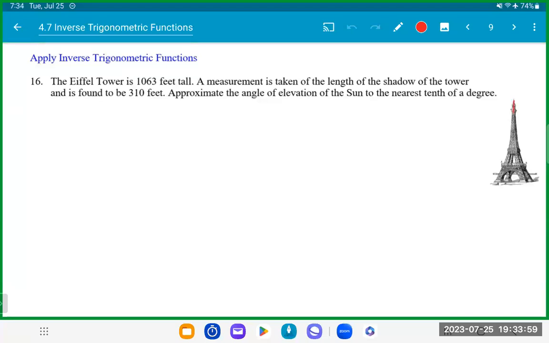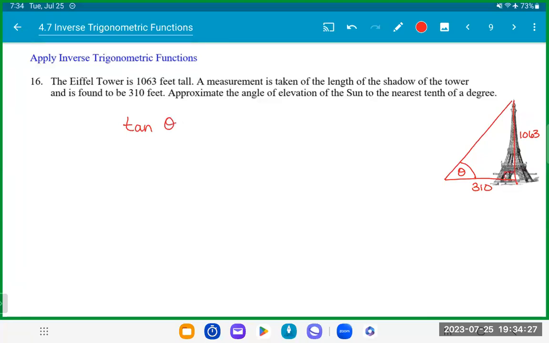First of all, we're looking at something like this, right? We have some shadow out here, and it's at some angle here that we don't know. We do know that the shadow is 310 feet from the base, and that the tower is 1,063 feet tall.